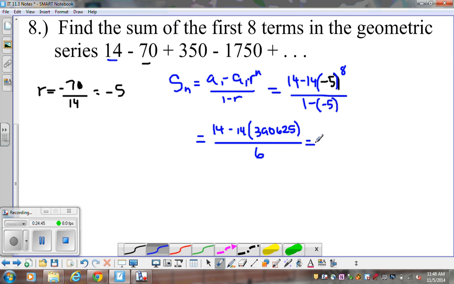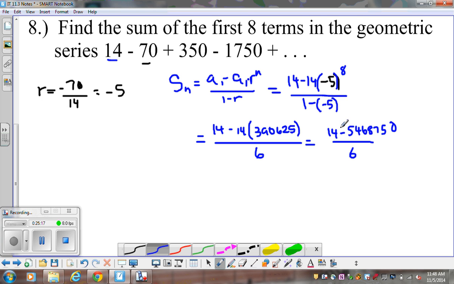Let's simplify a little more, and I'll show you where we're getting our numbers from. So we've got 14 minus negative 14 times 390,625. I'm going to get 5,468,750. All that divided by 6.